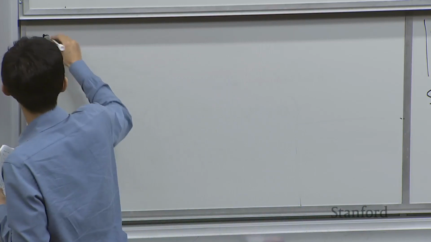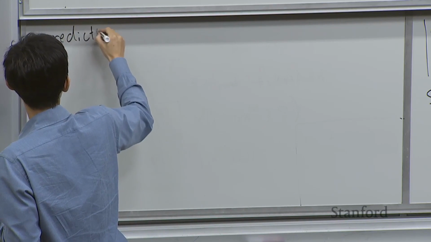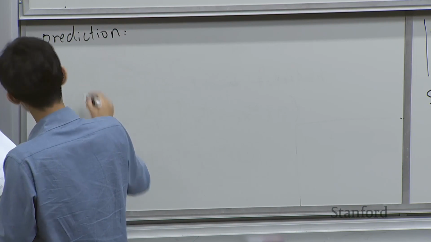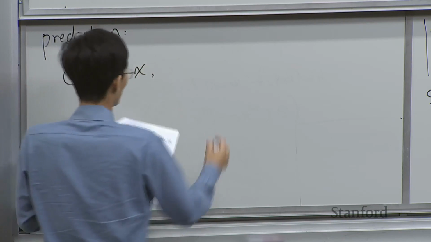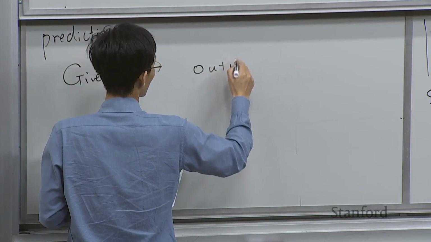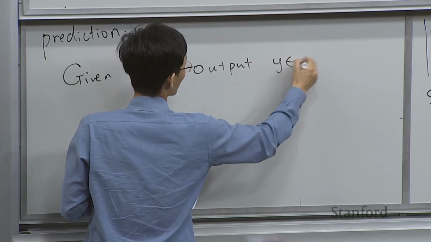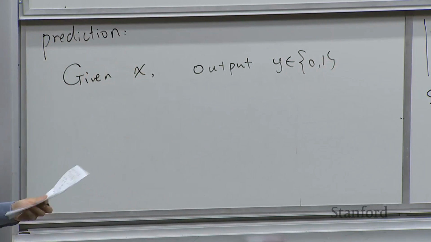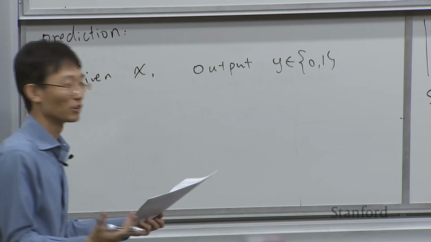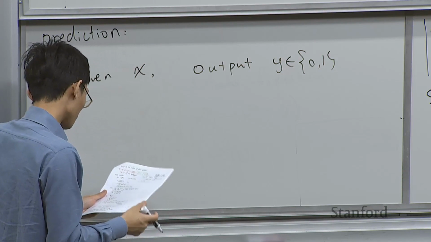Now we are talking about prediction. Given x, you want to output some y, right? You want to understand whether this is a benign cancer or not. That's the final goal of the problem.